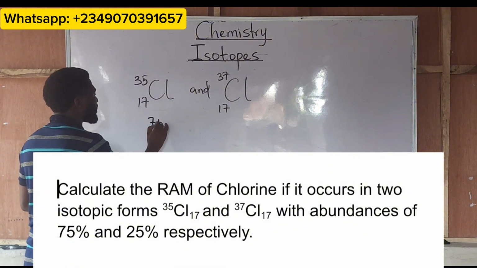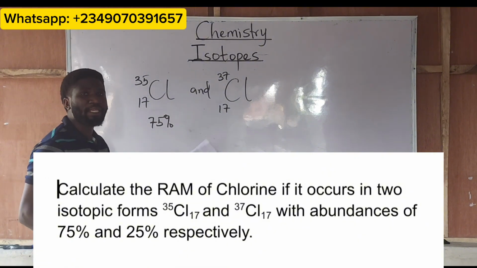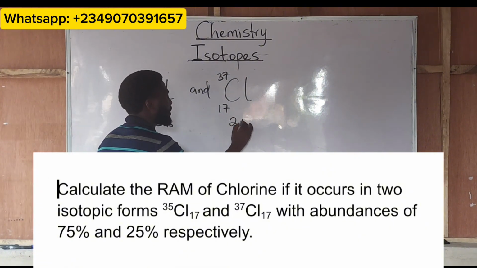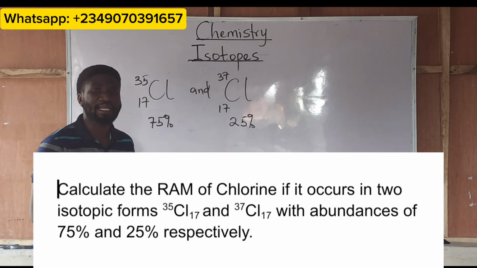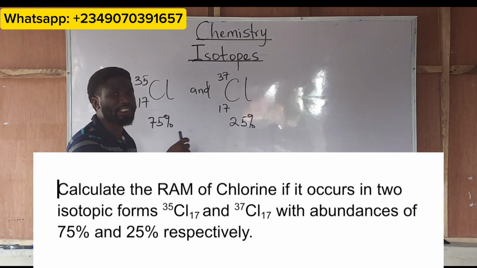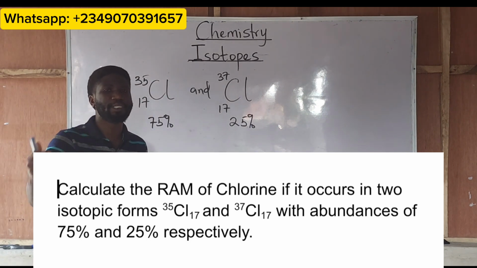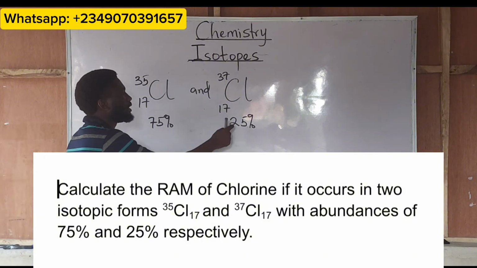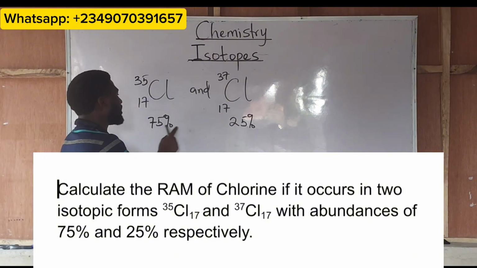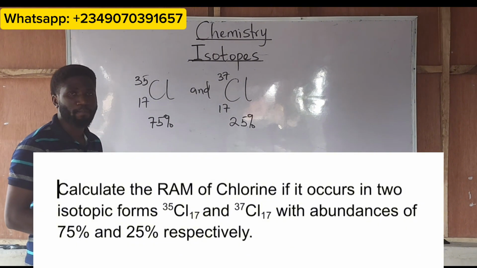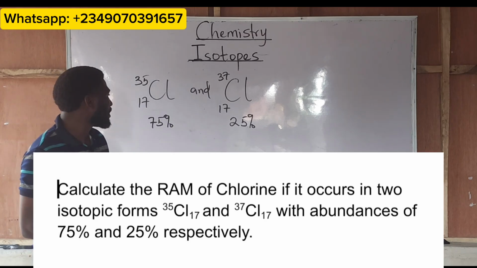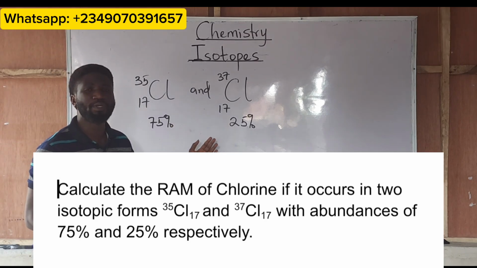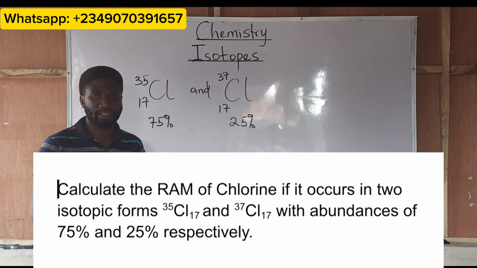This has its abundance to be 75% and this has its abundance to be 25%. Please, like I said, do not interchange. The word says respectively. So don't go ahead changing this to be 75 and then making this one to be 25. No. And you have to note that the sum of the abundance will give us 100%.